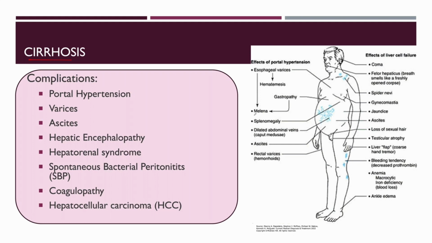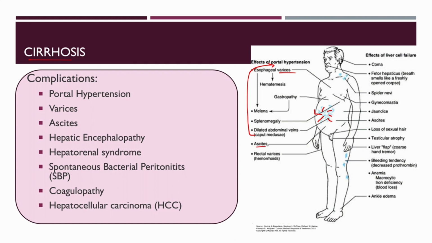Portal hypertension has its own kind of subset of things that we see from it, including varices in different places. So esophageal varices, hematemesis, you can also get engorgement or caput medusa from portal hypertension, where you get the engorged vessels around the stomach that kind of look like Medusa's head of snakes.